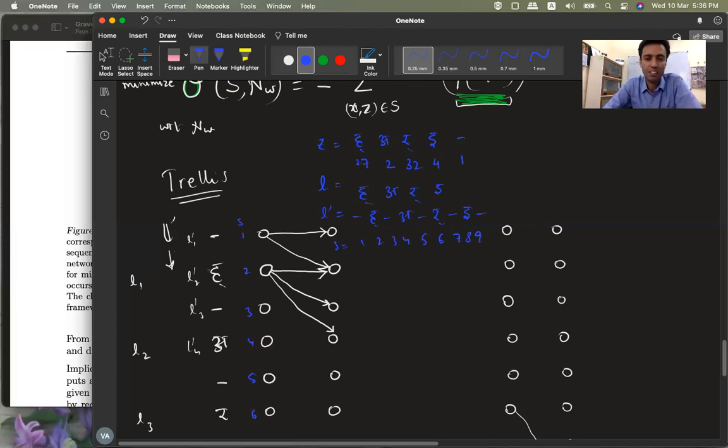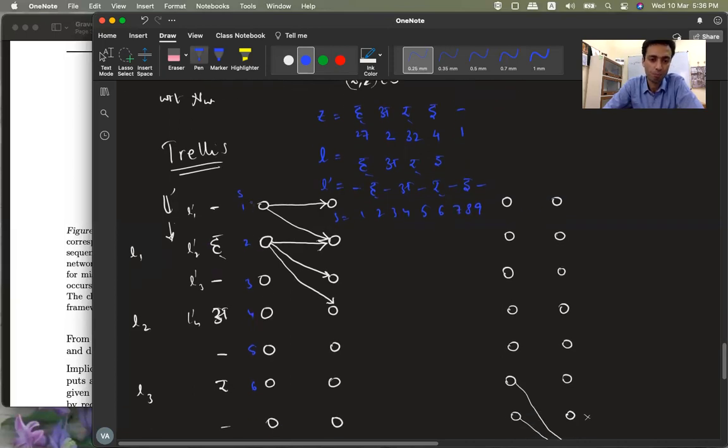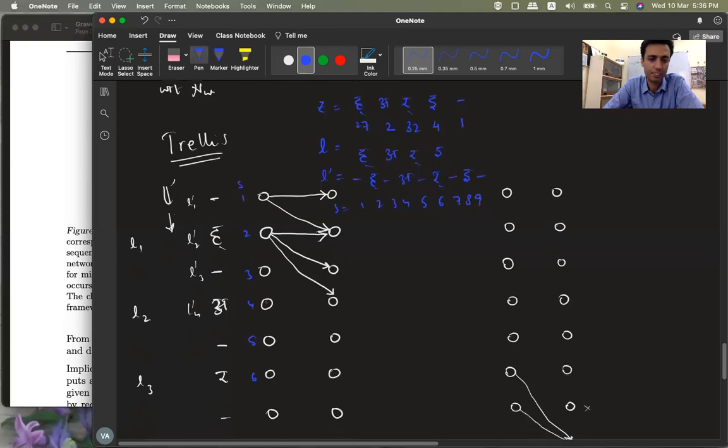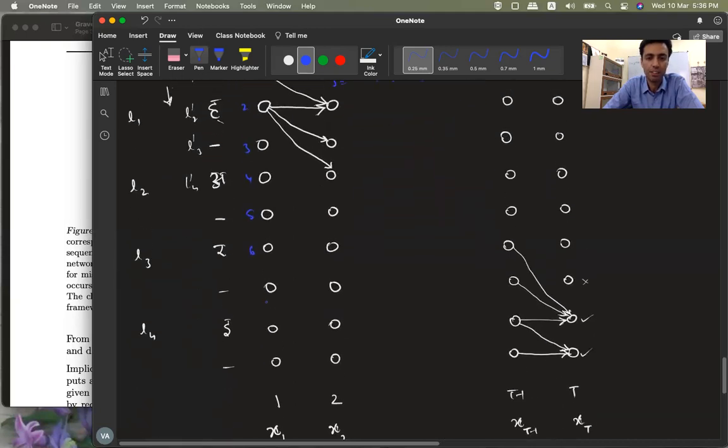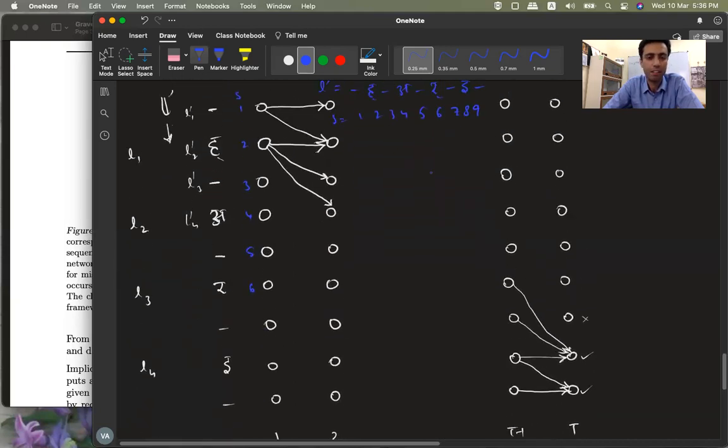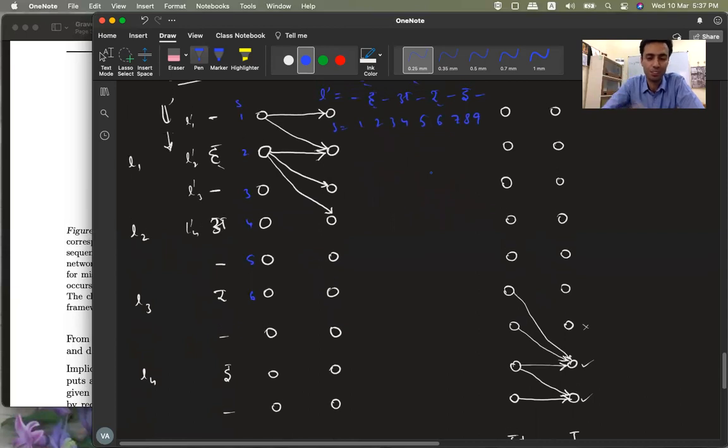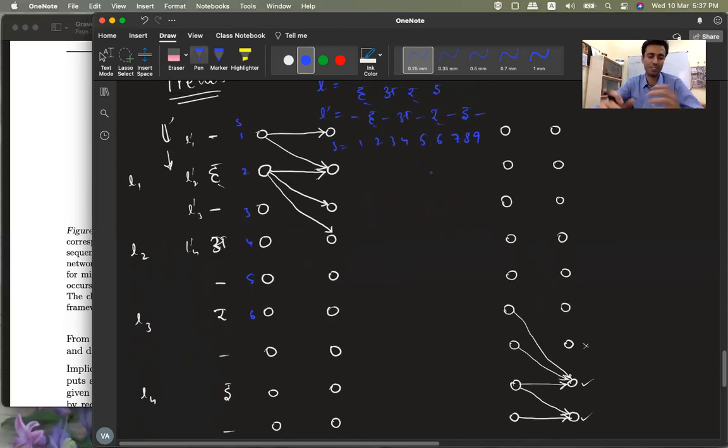Now I construct a trellis with respect to state versus time, like how my states are evolving. Just to remind you, the best path, the path which has the maximum likelihood, is what you choose as the output of your overall ASR model.